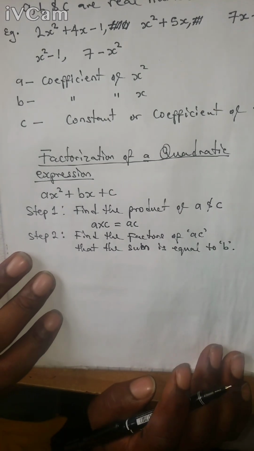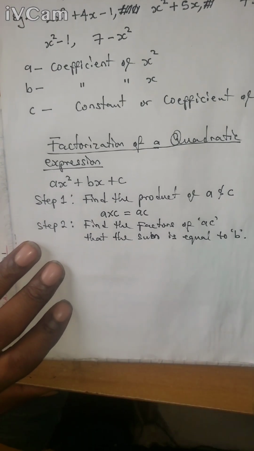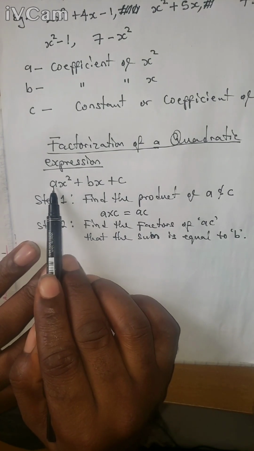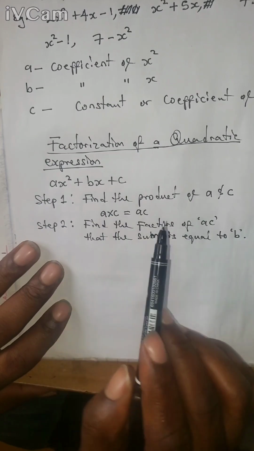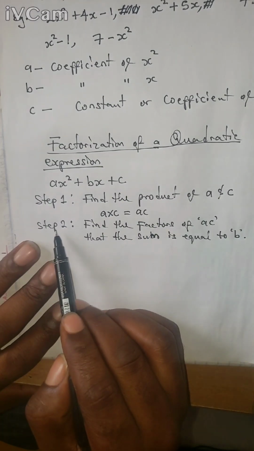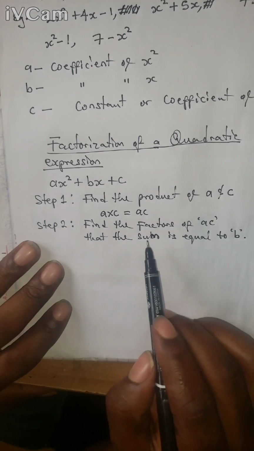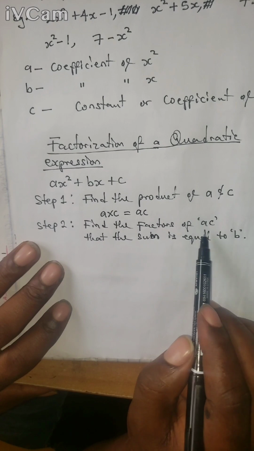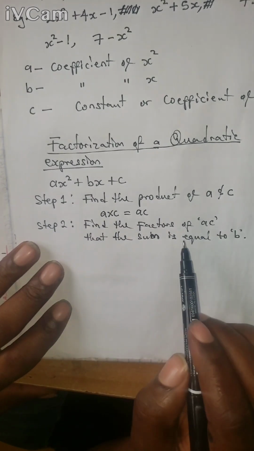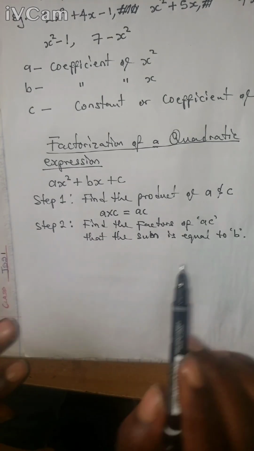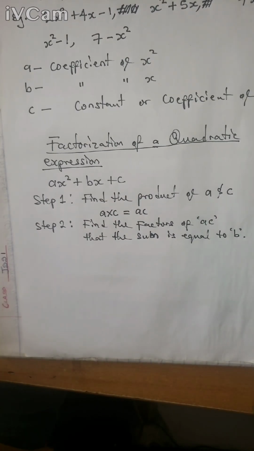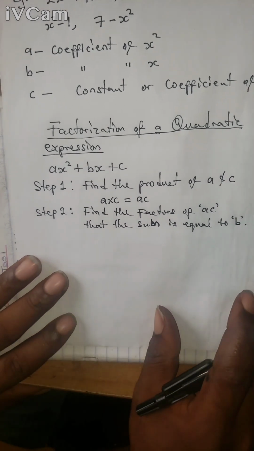Let me explain. Step 1 says that you should multiply the coefficient of s squared and the constant, so you get a number. The second step is to find the factors of that ac, such that when you add the two factors, it will give you b.